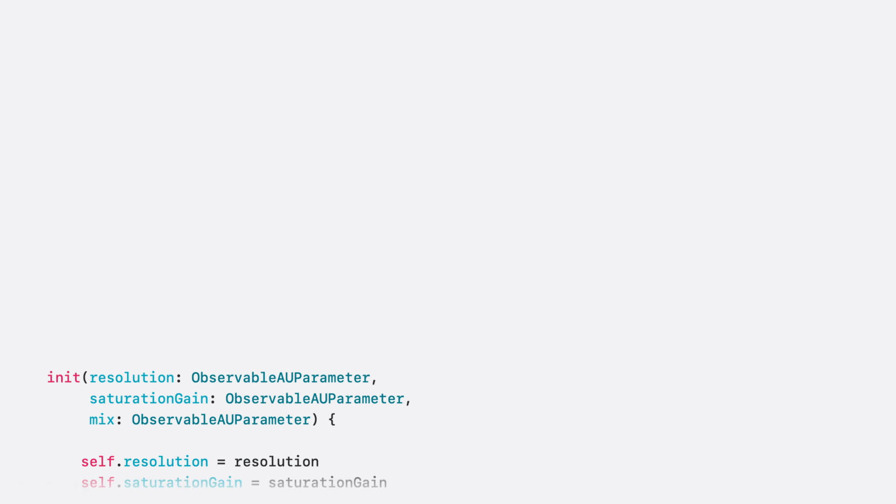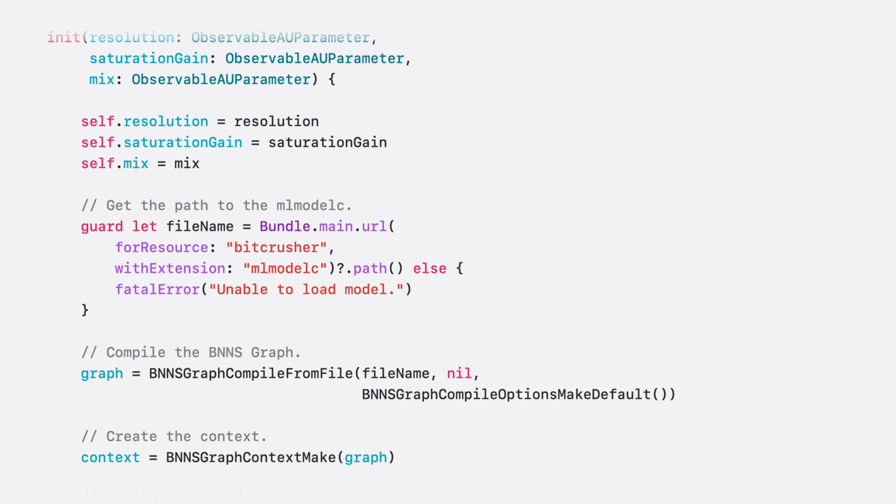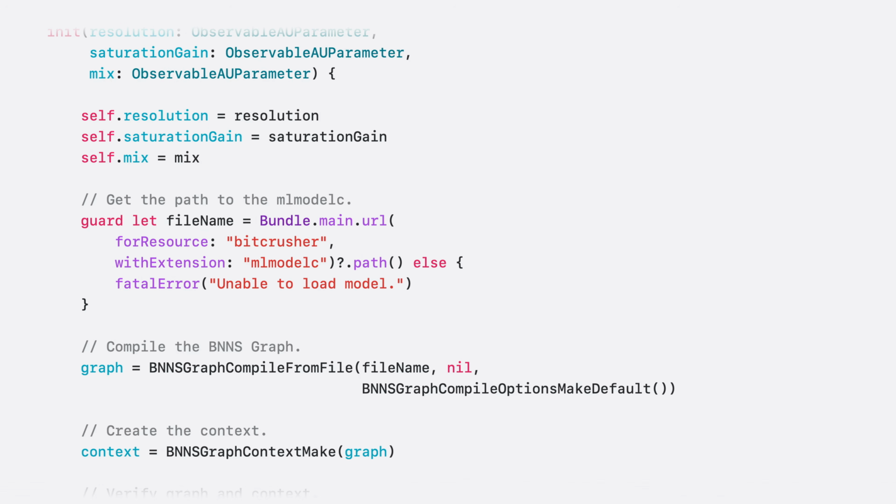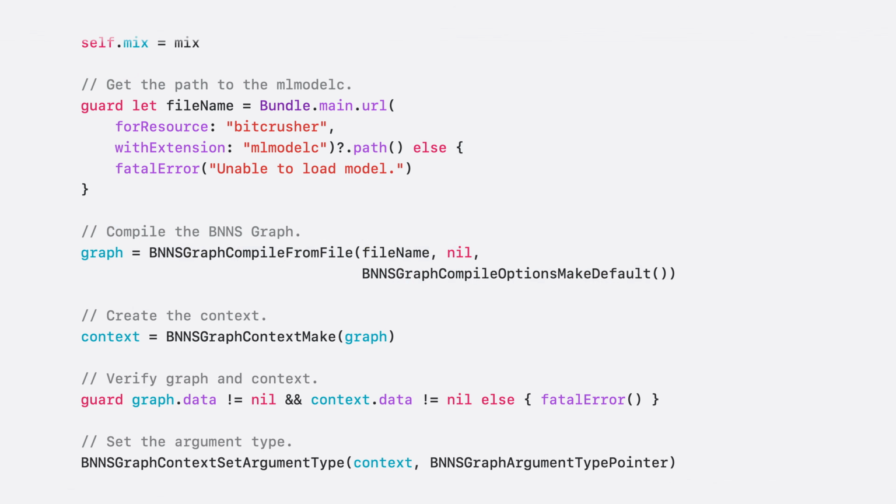What you're seeing here is the code in the initializer method for the waveform display component, and this is where I create the graph, context, and workspace. The first step is to get the path to the MLModel.c file that Xcode has compiled from the ML package. Next, I'll compile the MLModel.c into a BNNS graph object.